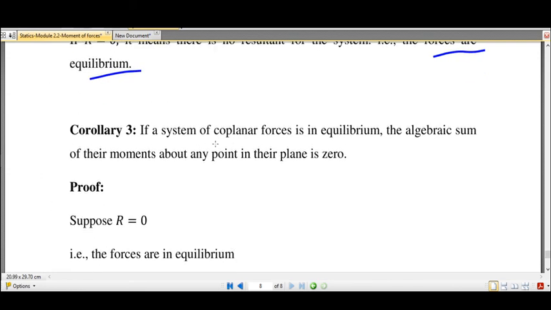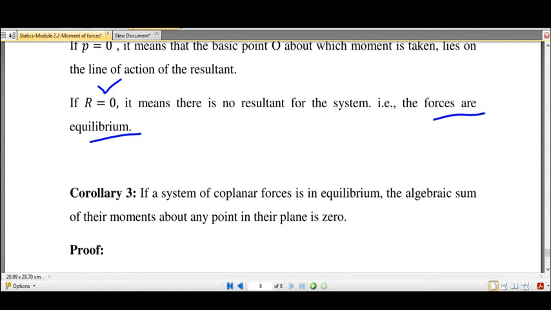The third corollary says that if a system of coplanar forces is in equilibrium, then the algebraic sum of their moments about any point in their plane is equal to 0.